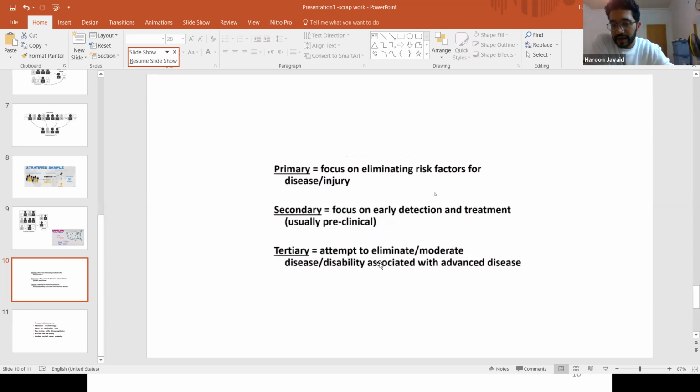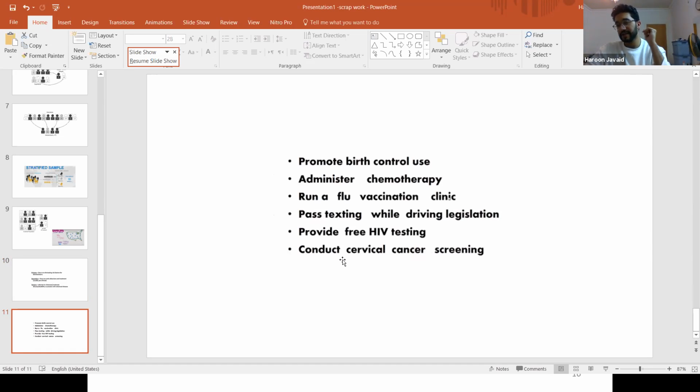Tertiary focuses on improving the quality of life. It basically focuses on reducing complications, or reducing disability. For example, if a person has diabetes, you will study that a person who has diabetes can have long-term consequences of blindness or diabetic foot or something.